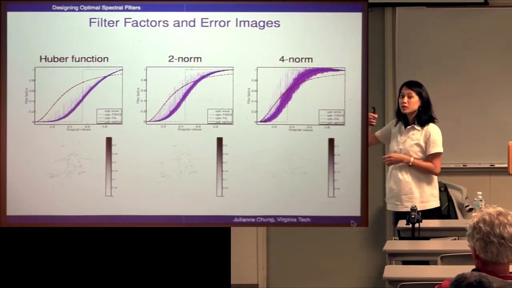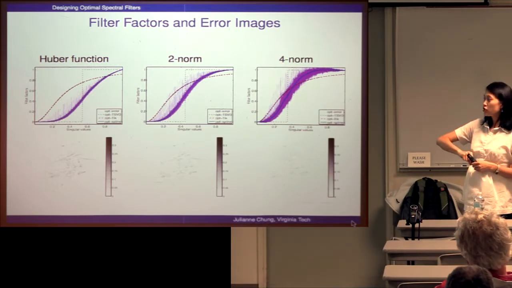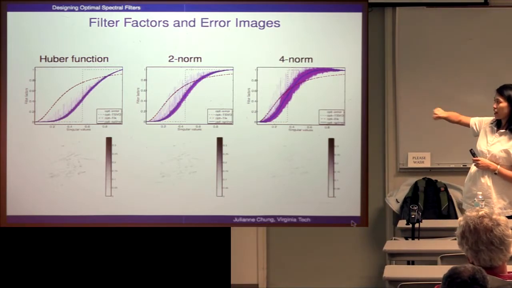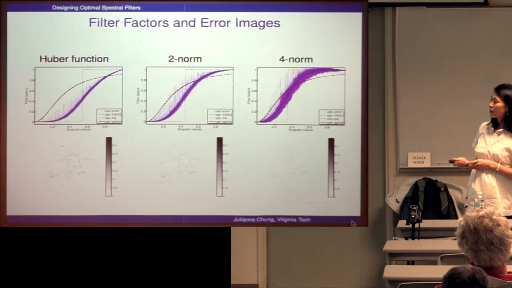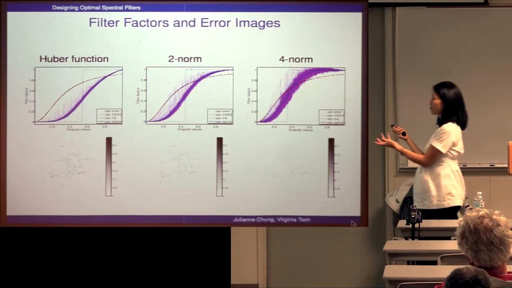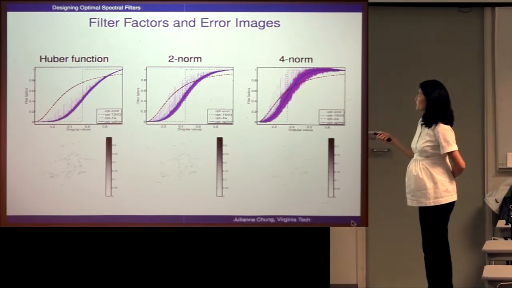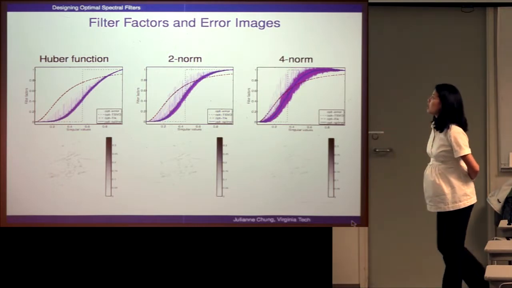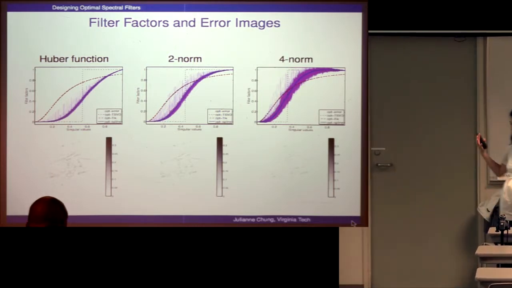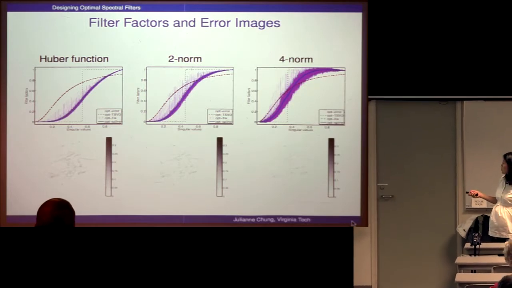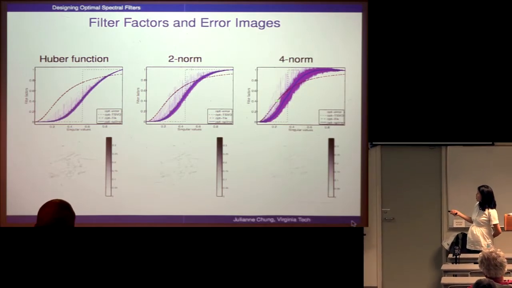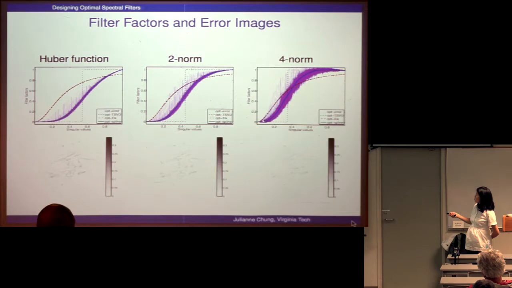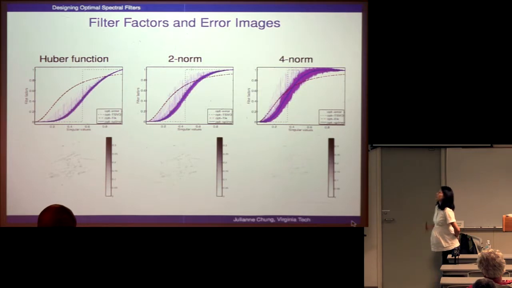So remember, with the optimal error filter, you're allowed to have a different filter factor for every singular value. So there's no functional form for this magenta curve, and you can see it is a little bit jumpy, which is why we thought to include the smooth case. But if you use a spline fit through these for the filter factors, you get this blue line here. So we definitely can see that the filter factors are affected by the training data.